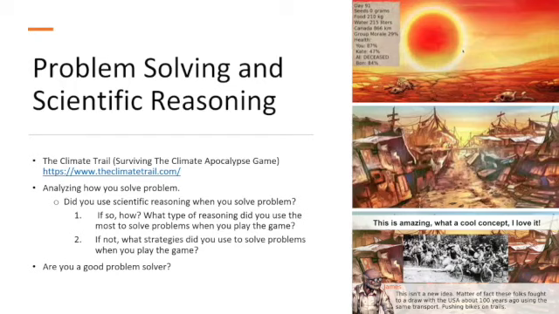For example, how much money they spent on food, why, how many days they survived, why they failed, why they succeeded. Do they want to pay more for food or less? Why? Those are good questions that can help your students think about their scientific reasoning process.